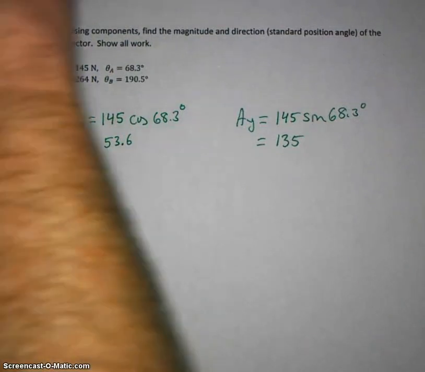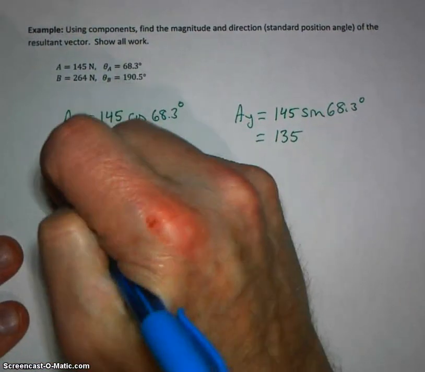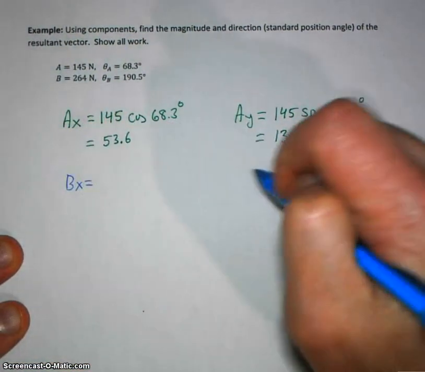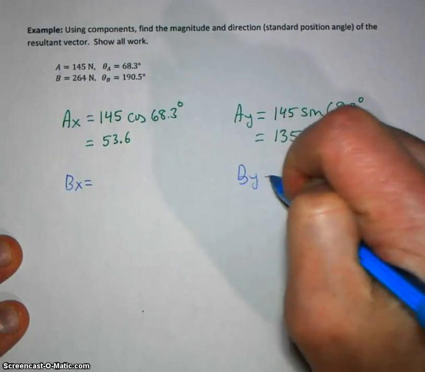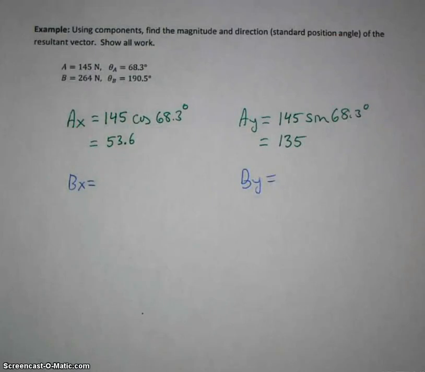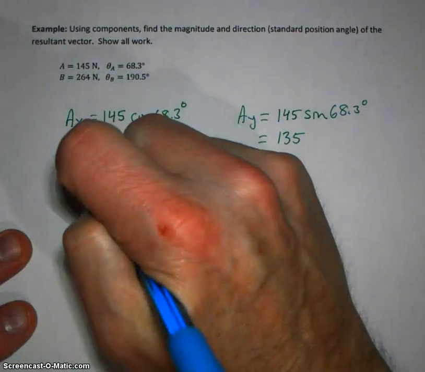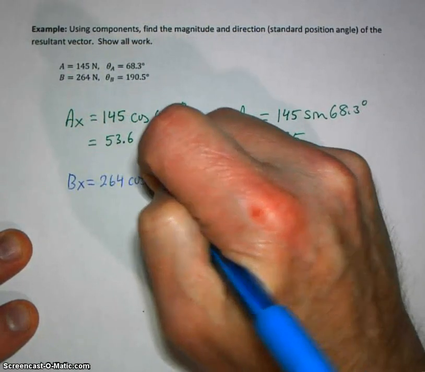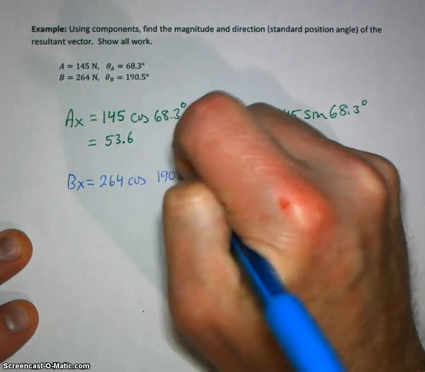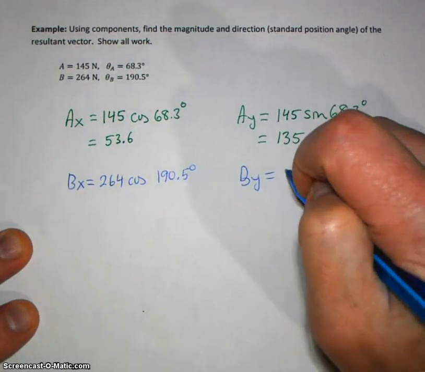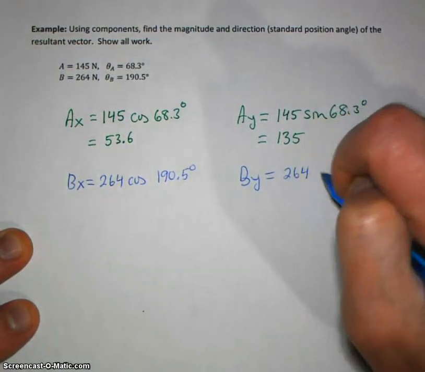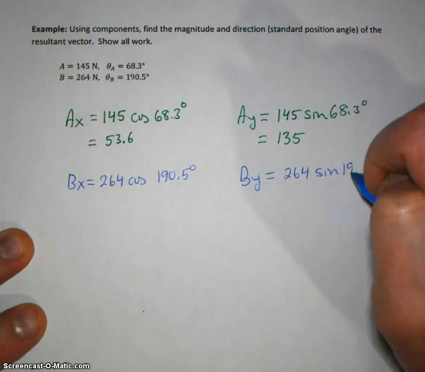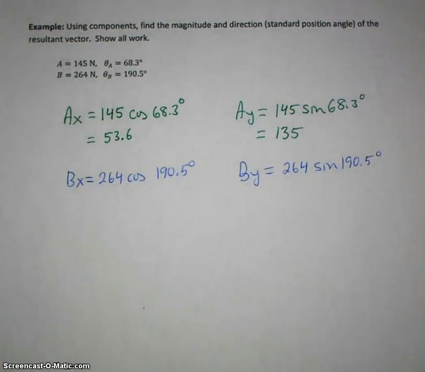Now we repeat. We find Bx and we find By. So same thing over again, different numbers. This is going to be 264 cosine 190.5 degrees. And this will be 264 sine 190.5 degrees.